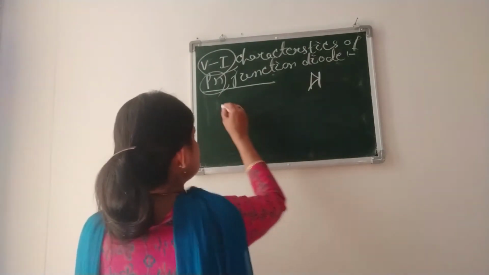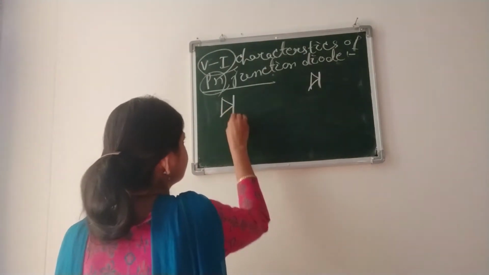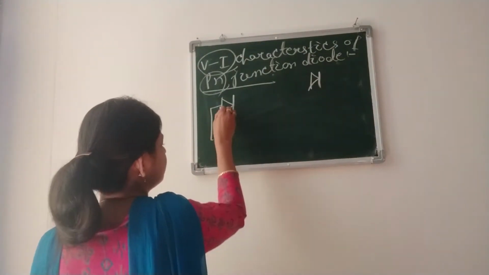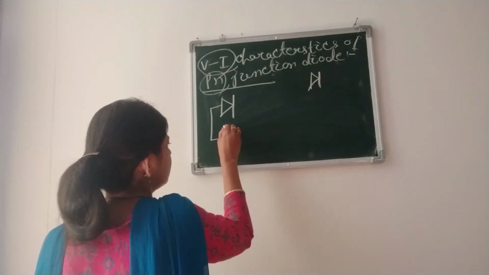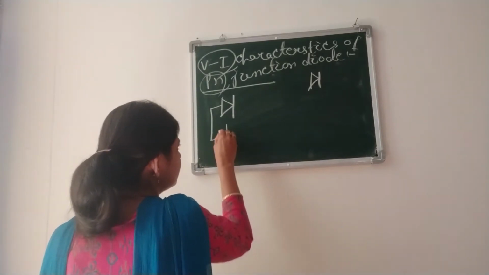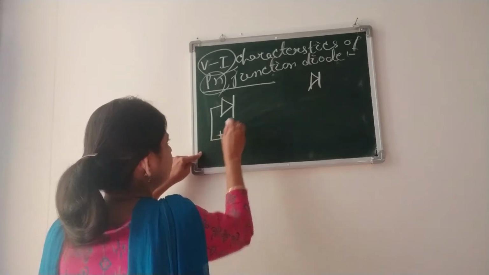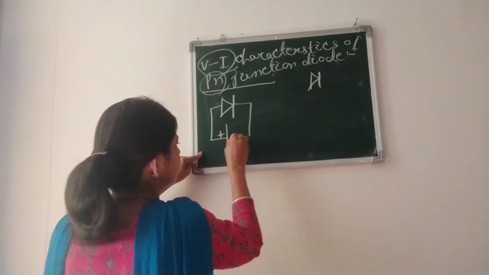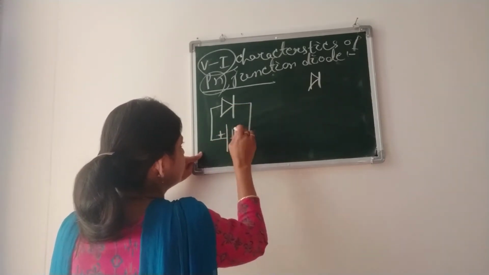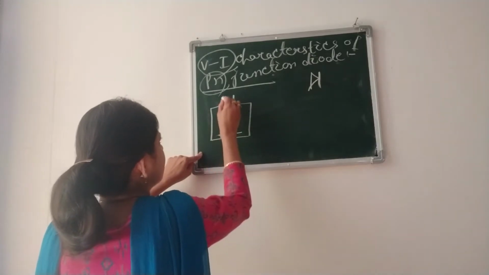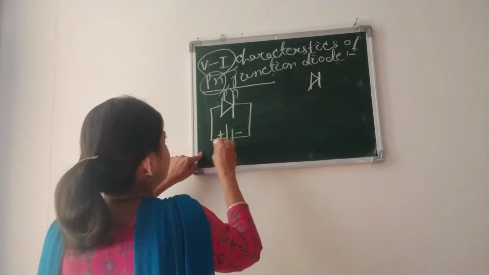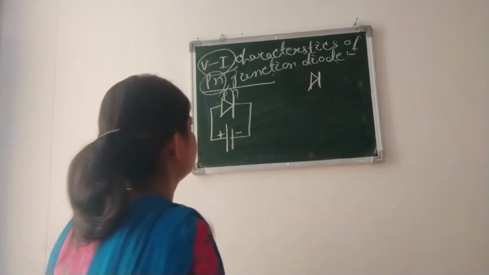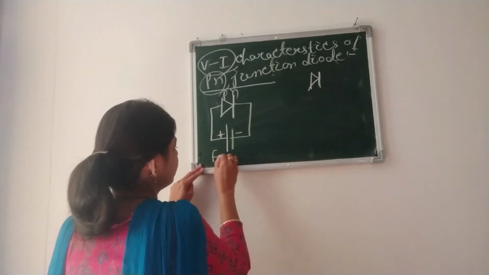Forward biasing means when the P terminal is connected to the positive terminal of the external battery and N is connected to the negative, then this is called forward biasing.